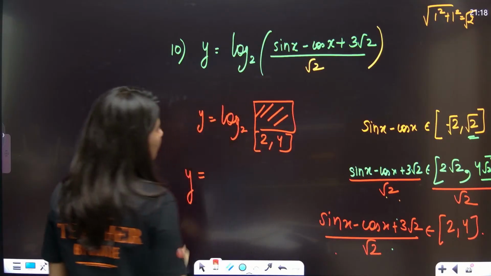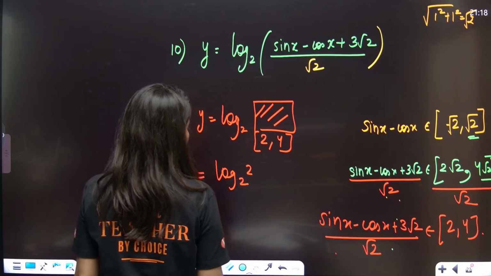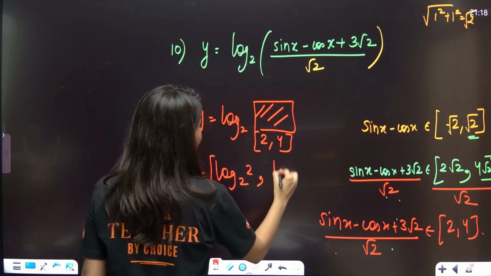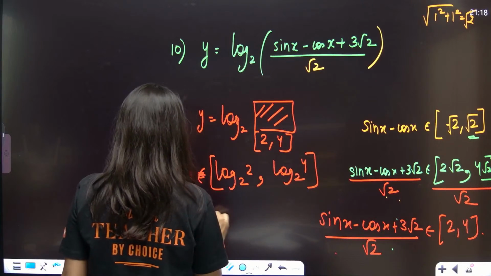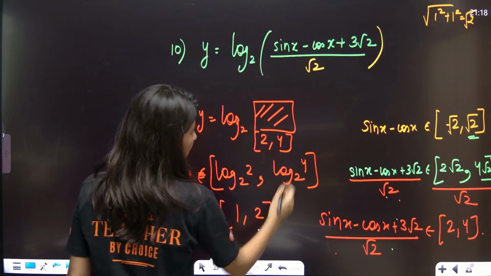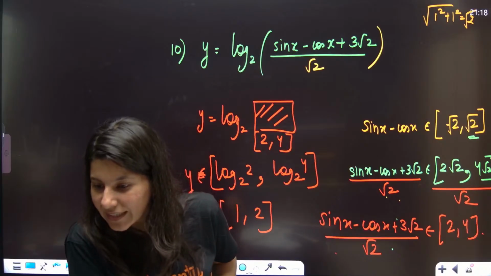So just tell me, log 2 to the base 2, and comma, log 4 to the base 2. So y belongs to 1 and this is what? 2, because log 4 to the base 2 is 2. So 1 to 2, yes, absolutely right.